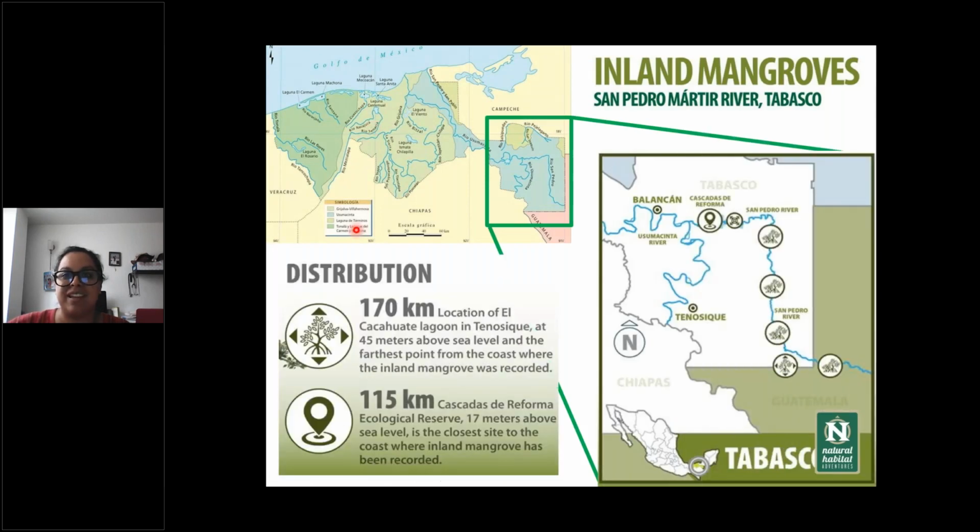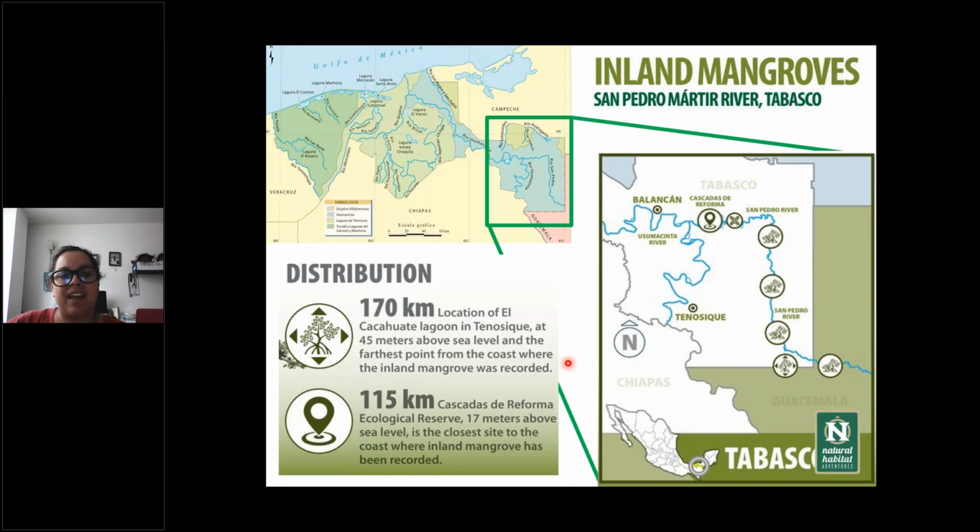We have some inland mangroves. And this is something just amazing that I found out about one month ago, because they just released the research article in August 21. So this is something very, very new.